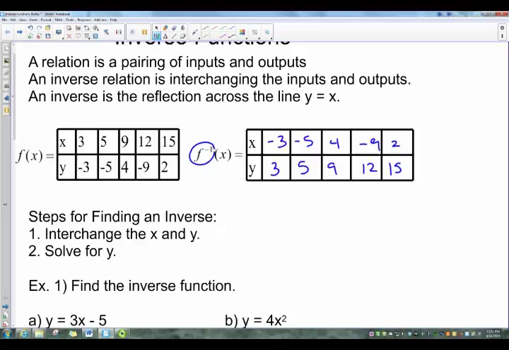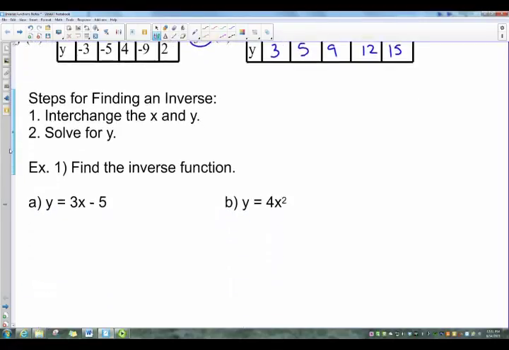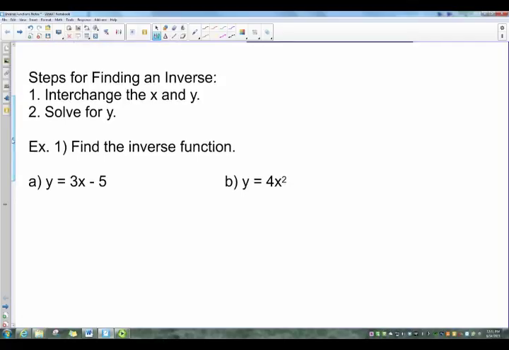Now we can also take an equation and create an inverse using a two-step process. The steps are: interchange your x and your y, and then solve for the new y. If the function I'm given is y equals 3x minus 5, I rewrite it by switching x and y, so x equals 3y minus 5. Then I solve back for y.